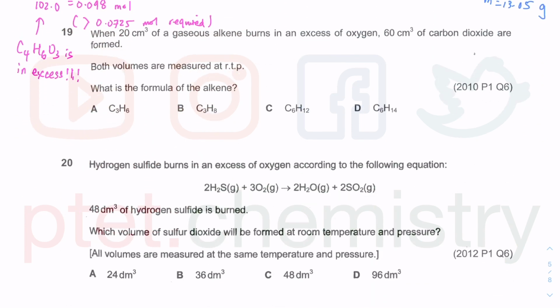Question 19, so I have 20 cm cube. This is the volume of a gaseous alkene. Doesn't matter what alkene it is for the time being. 60 cm cube of carbon dioxide is formed.